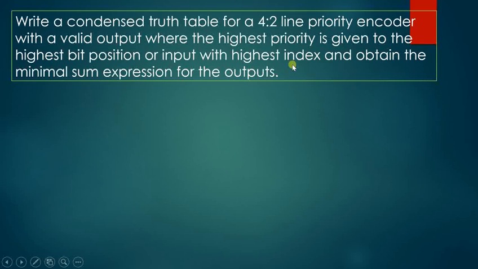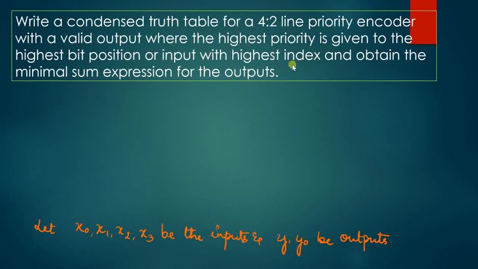So first I will represent the truth table, and I am going to consider the inputs because they have specified that it is a 4:2 line priority encoder. Let me consider x0, x1, x2 and x3 to be the inputs and y1 and y0 to be the outputs.